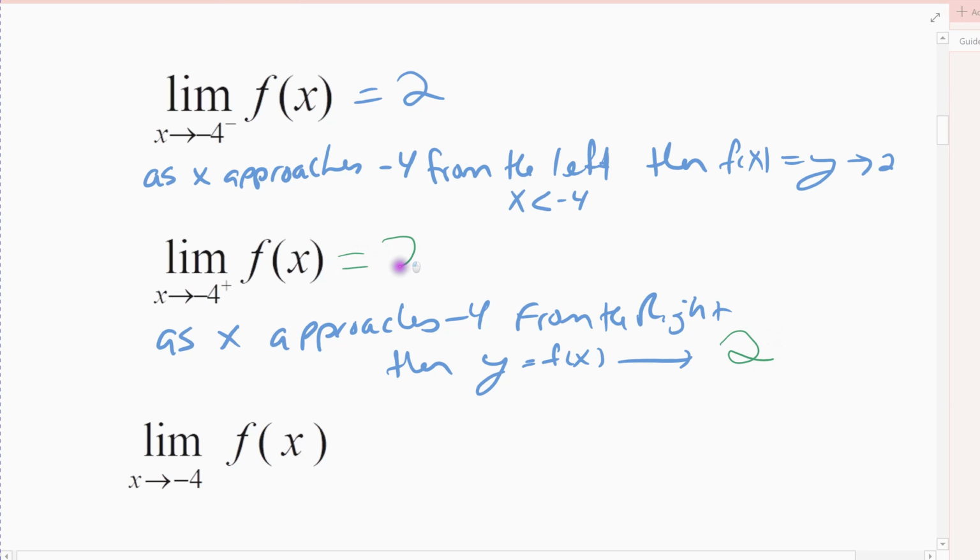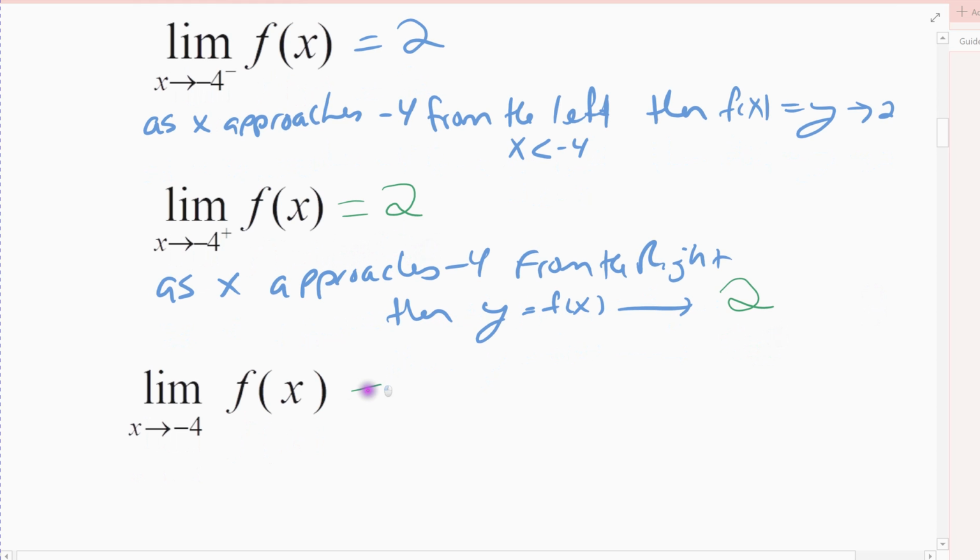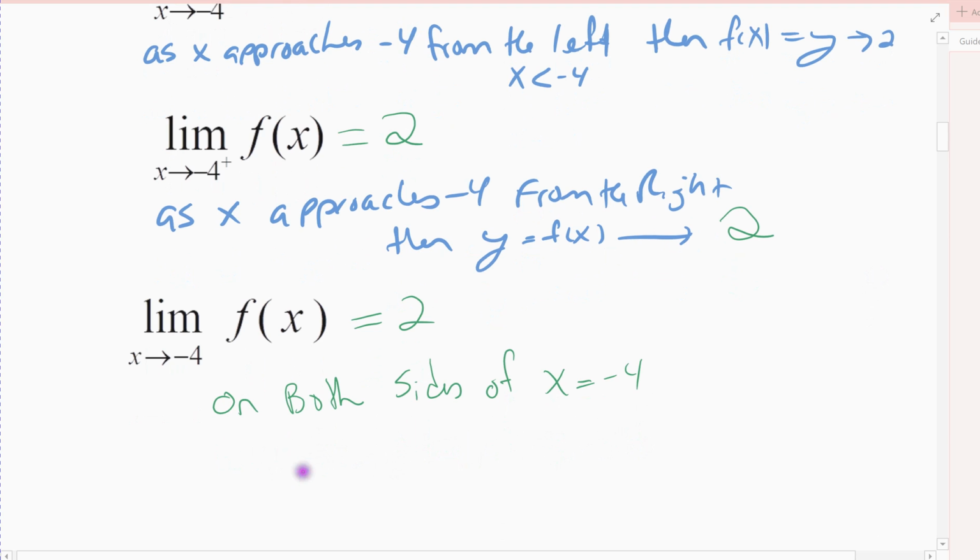And so this function equals 2 from the right. Since the left approached 2 and the right approached 2, the general limit is equal to 2, right? Both sides approached 2. So on both sides of x equals -4, the function approached 2.